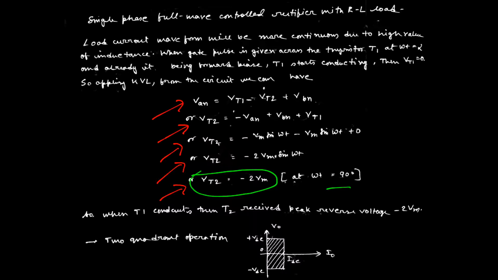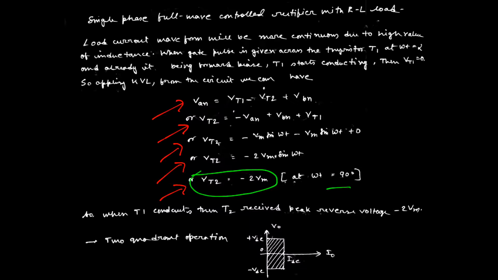One more thing: as it is operating with an RL load, it should cover two quadrant operation. I described this in my previous section in the case of the half wave rectifier with RL operation.